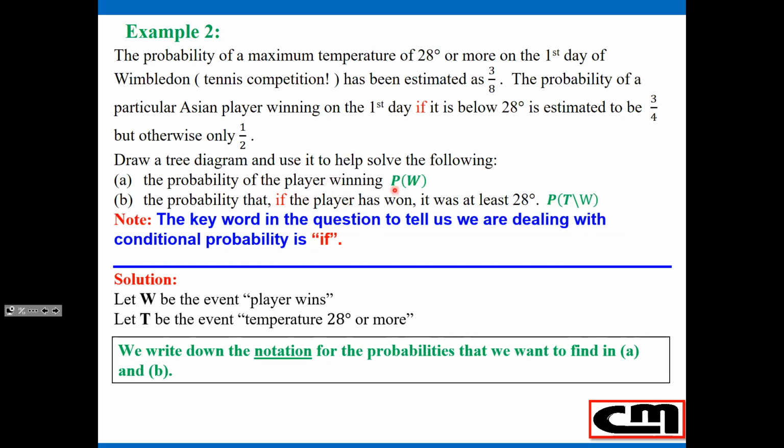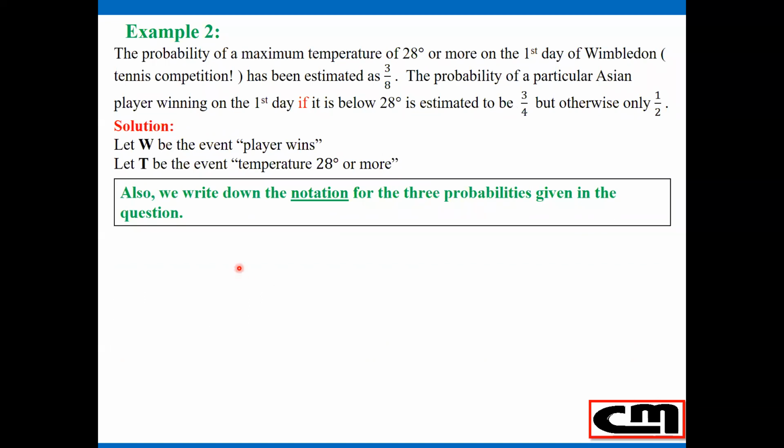The next step: we are given probabilities in the problem. We need also to write them symbolically so that it becomes easy to work with them. So in short, we write down the notation for the three probabilities given in the question, right? We have 3/8, 3/4, 1/2.